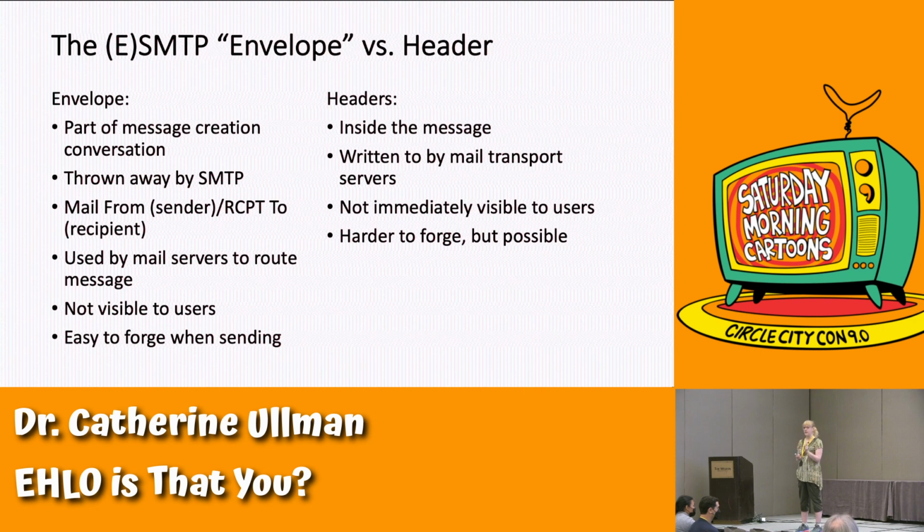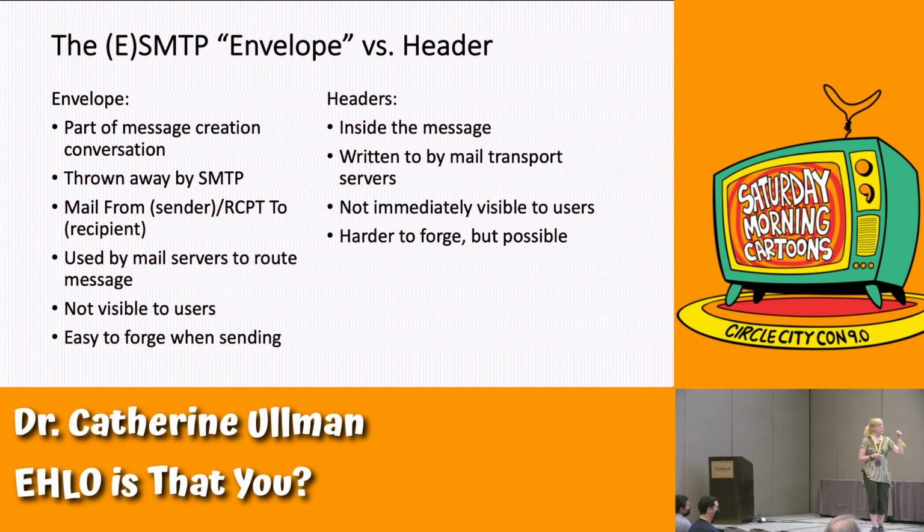If you do this at a command line, you can actually see this. If you do not do this at a command line, unless you're running Wireshark, you will never, ever, ever see the envelope. But people confuse the term envelope because they think US Postal Service with headers and envelope. They sort of cross this information. We're going to see in a minute why this matters.